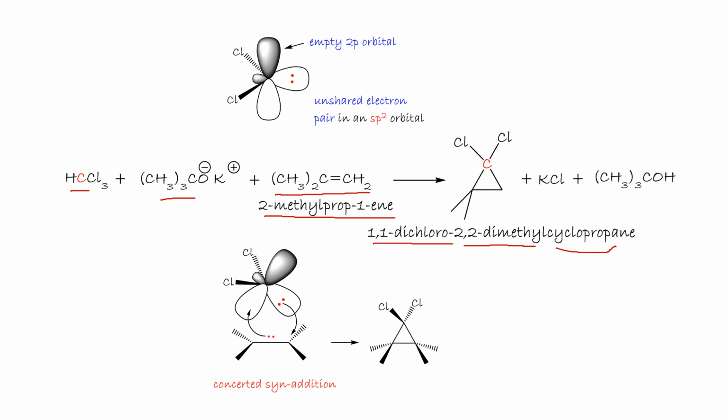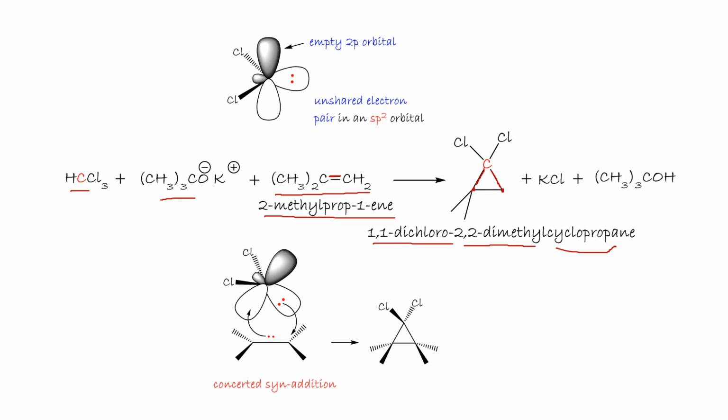So the carbene inserted between the alkene carbons. Two new bonds are formed in the place of the pi bond.